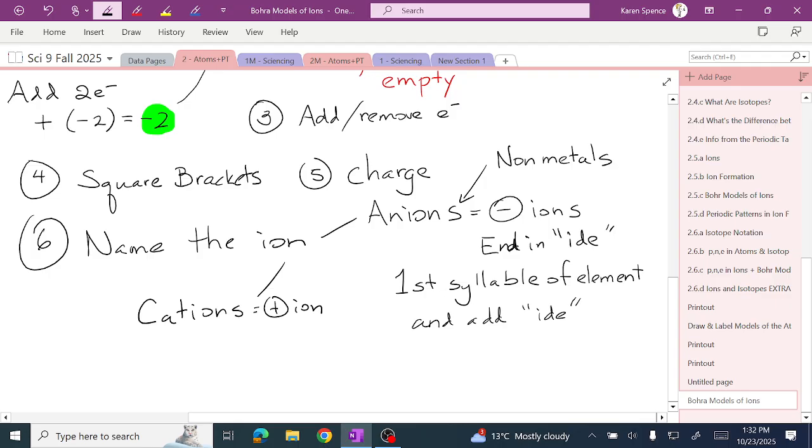don't change the name. Don't change it. Just leave it alone. Aluminum. Can you imagine aluminide, alide? Yeah. Sodium, sodide. Does that sound good?